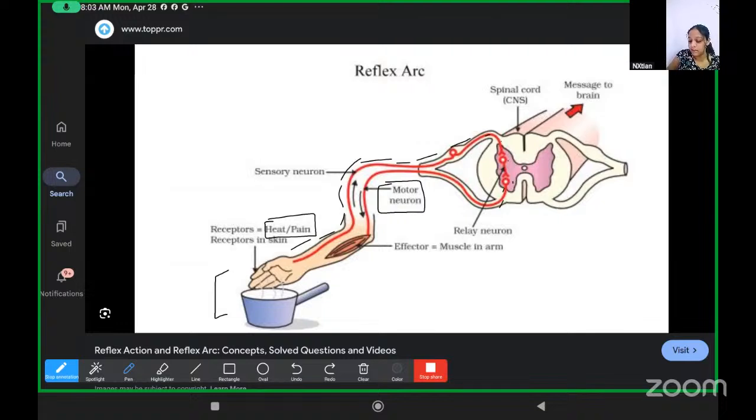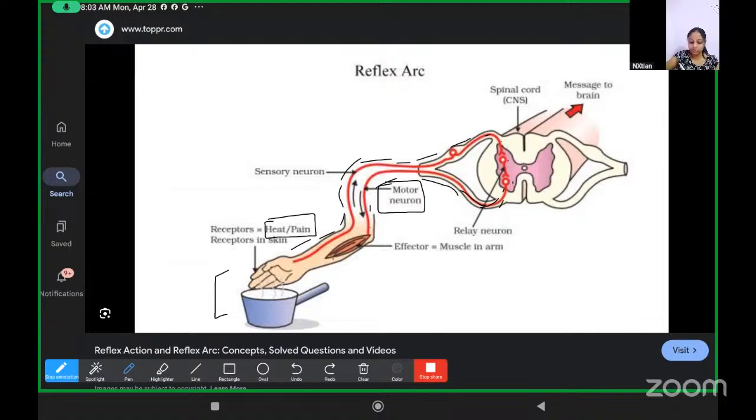And in the spinal cord, there are relay neurons which will quickly interpret it, and then they pass it again through the motor neurons to the effector, that is the muscle in the arm, and we get to know what response to give to remove our hand.